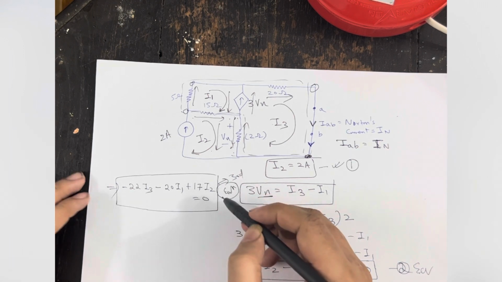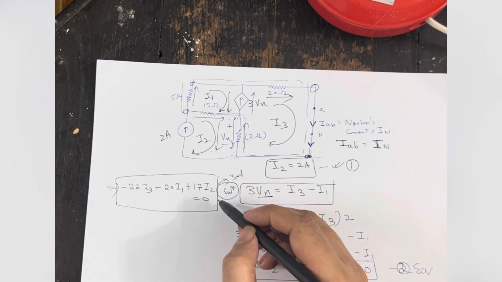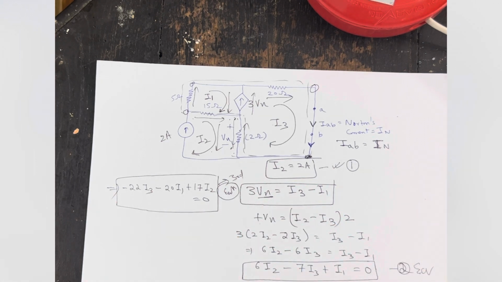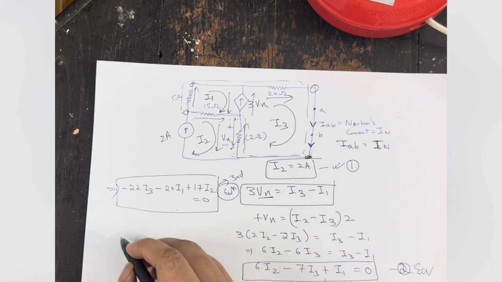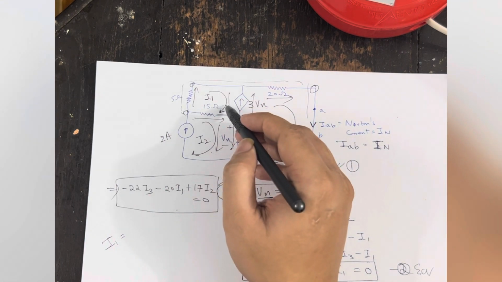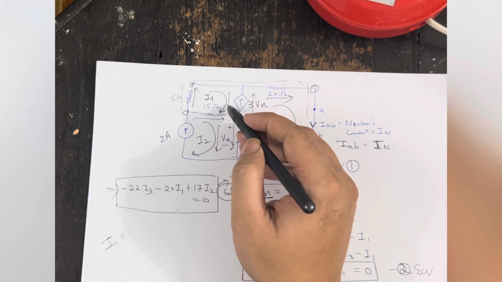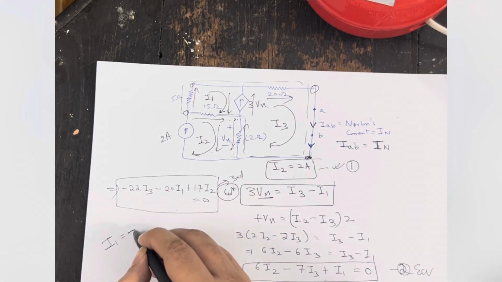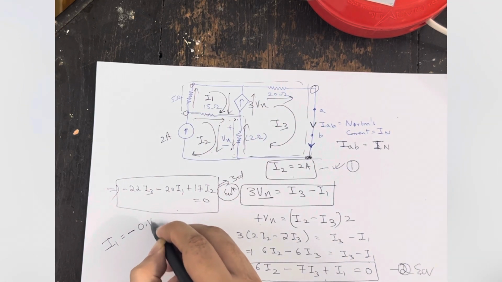Upon solving these three equations, you will get the values of the currents. After solving these equations, I1 will be equal to minus 0.16 amps.